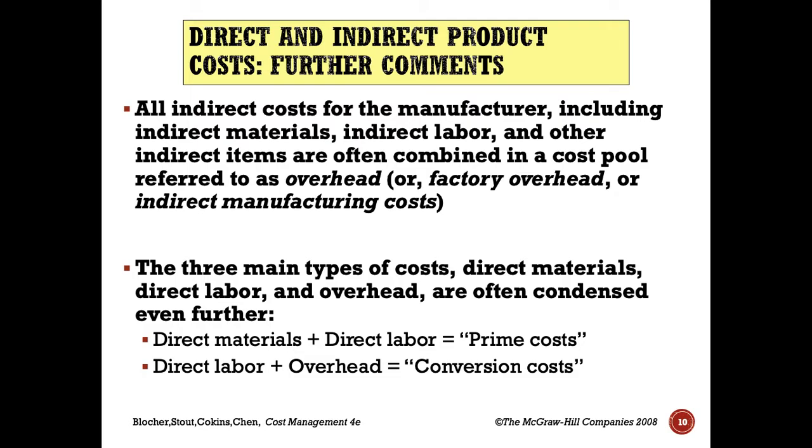The three main types of costs, direct materials, direct labor, and overhead, are often condensed even further. Direct materials plus direct labor equal prime cost, and then direct labor plus overhead equal conversion cost.